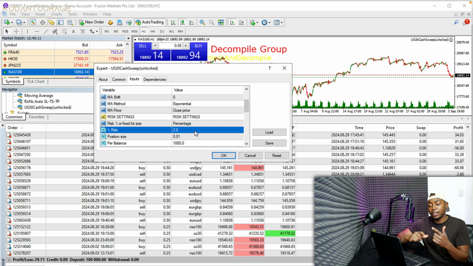Now, of course, that means that you could lose 2 trades and lose 4%, but the way that this kind of bot works is that it has a high win rate. We're talking like 8 out of 10 trades it wins, sometimes even 9 out of 10 trades it wins.